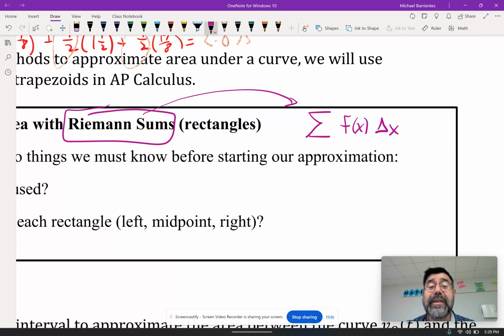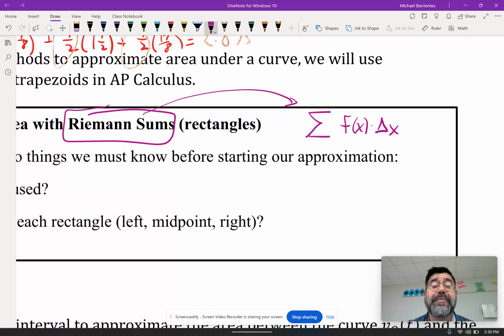And the sigma means we're adding a bunch of areas of these rectangles. Remember, when you multiply a function height times the delta x base, you're going to get the area of a rectangle, add up a bunch of rectangles, and there you have a Riemann sum.